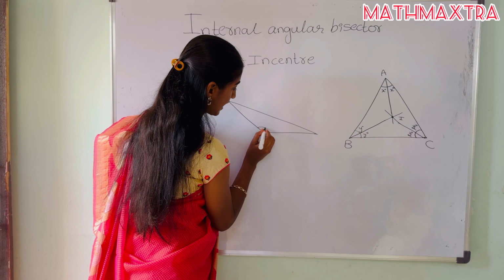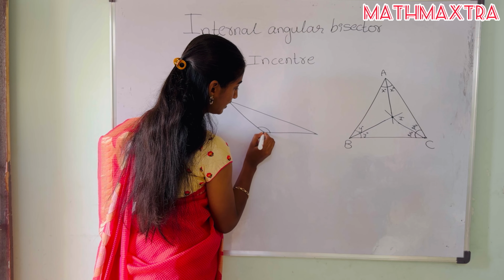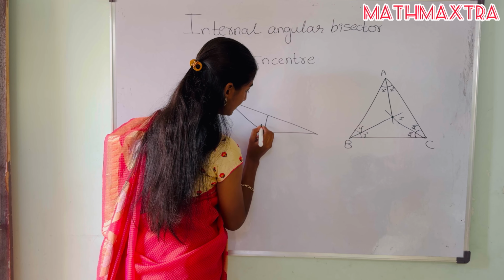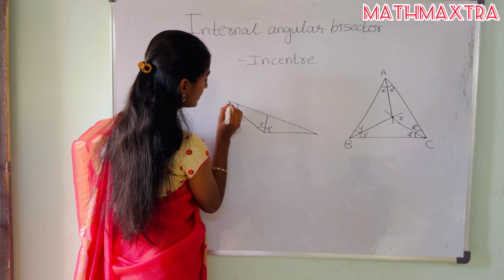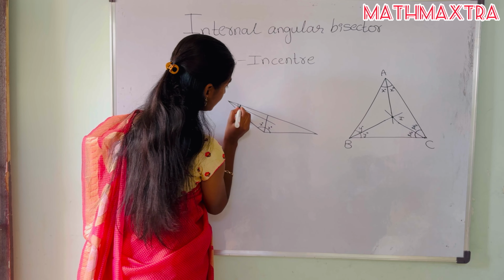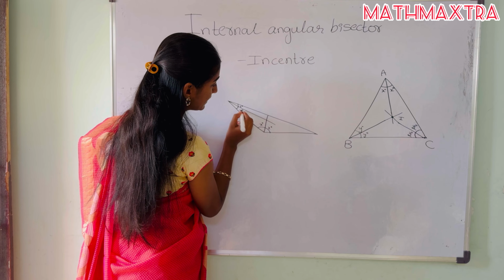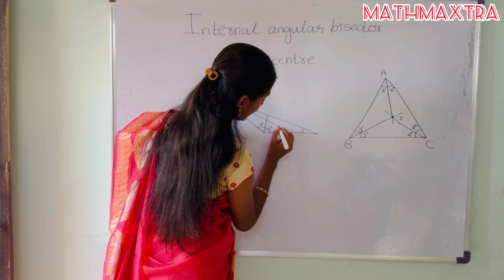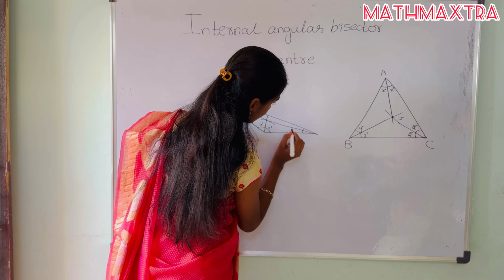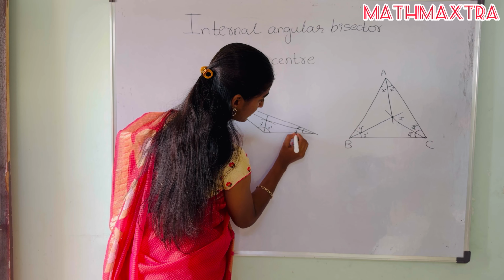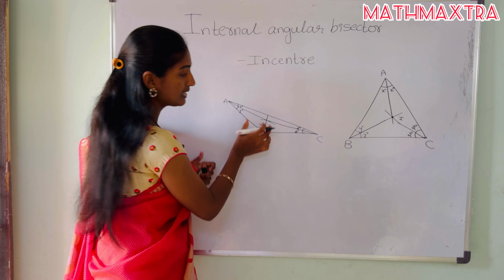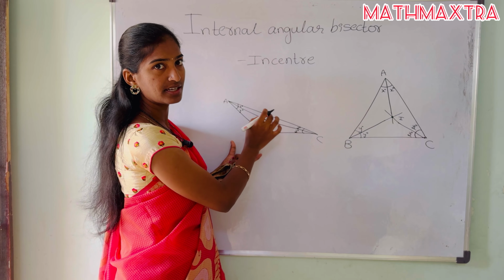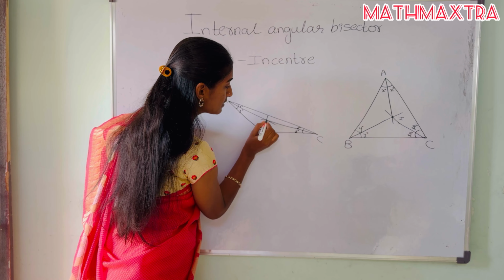See, this line is dividing this angle into two equal parts, x degrees, x degrees. This angle is again divided into two equal parts, y degrees, y degrees. This angle is divided into two equal parts, z degrees, z degrees. What happens? These three internal angular bisectors are also concurrent at this point.